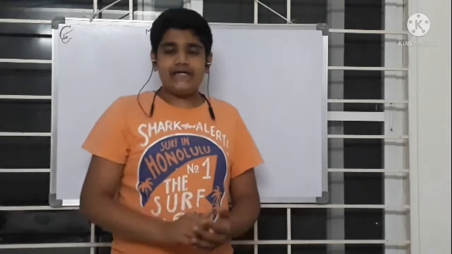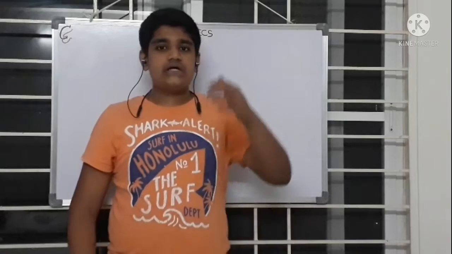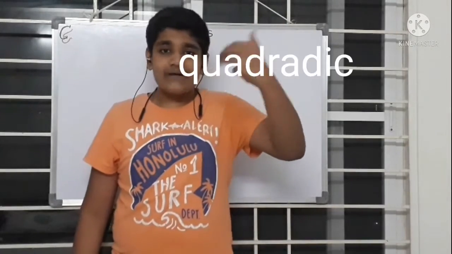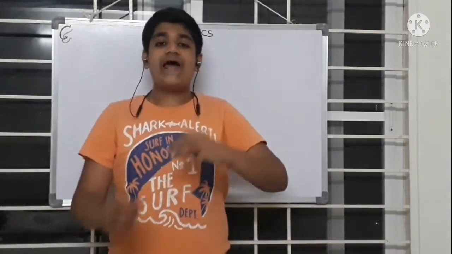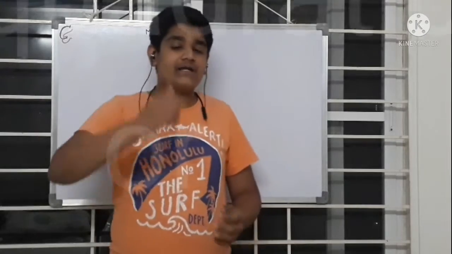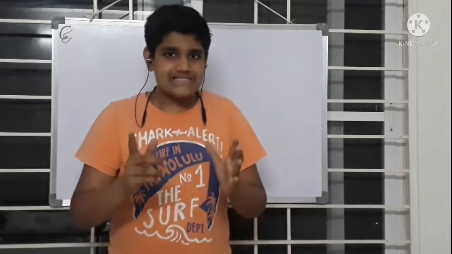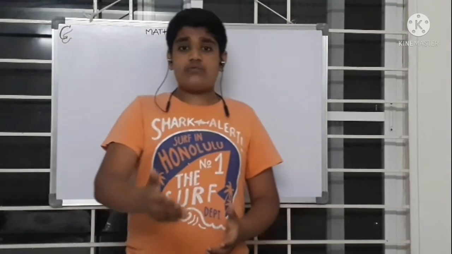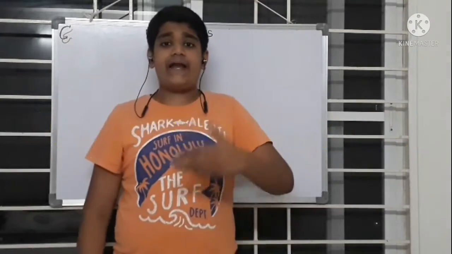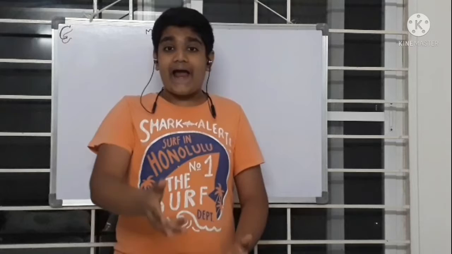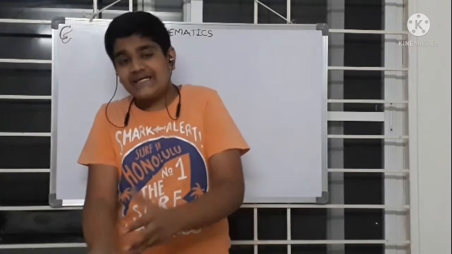Based on degree, we discussed linear, quadratic, cubic and biquadratic or quartic polynomial. We also discussed zero polynomial and constant polynomial. If the degree is 0, then it is a constant polynomial, and if a polynomial is equal to 0, then it is a zero polynomial.